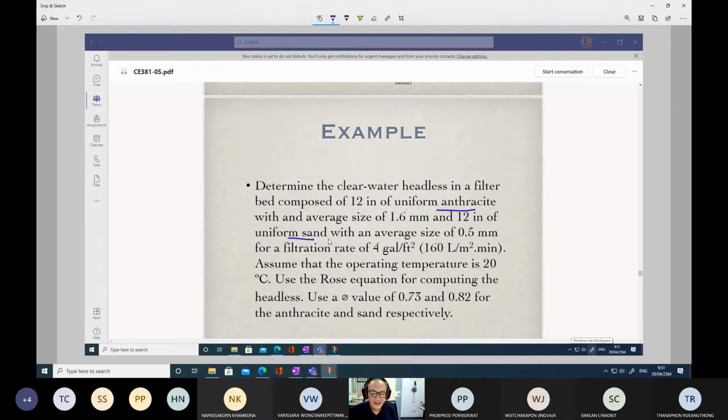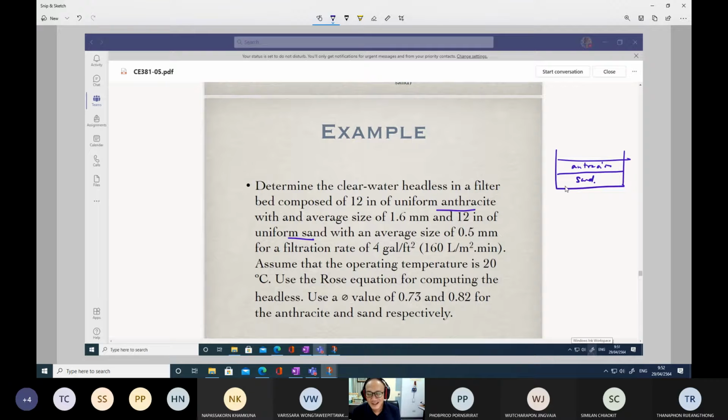For the anthracite and the sand, if I ask you which one should be put at the top and which one at the bottom, actually the anthracite should be on top of the sand, because the density of the anthracite is much lighter than the sand.